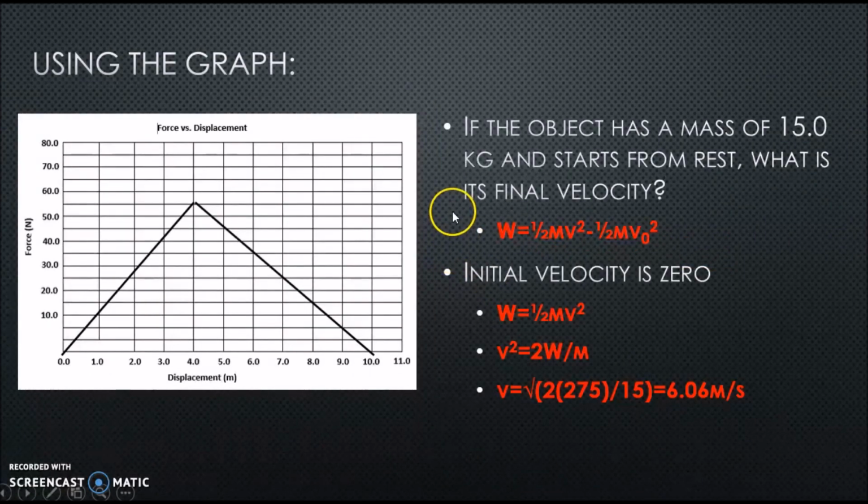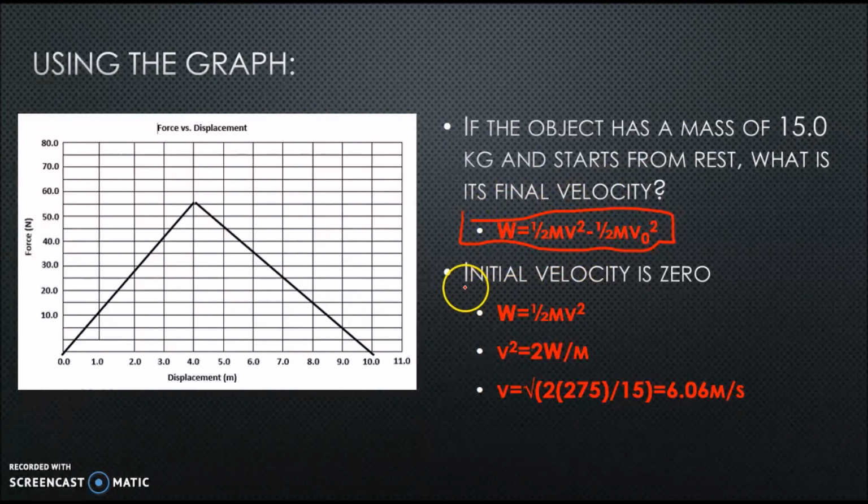All right, here's another type of question. It says, if the object has a mass of 15.0 kilograms and starts from rest, what is the final velocity? So we can use the formula that we talked about, the theorem. And we now know that initial velocity is 0 because it says that it's starting from rest. So you can eliminate that initial velocity part of the equation because it's going to be 0 anyways.